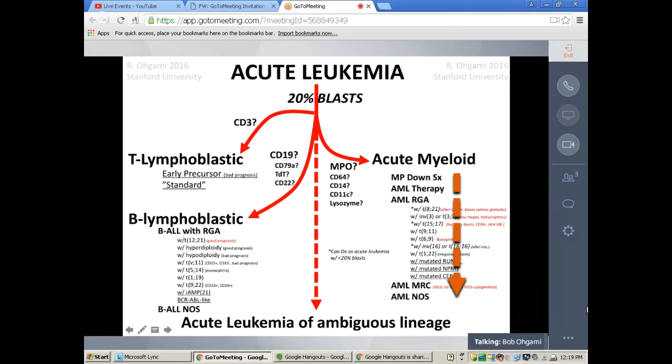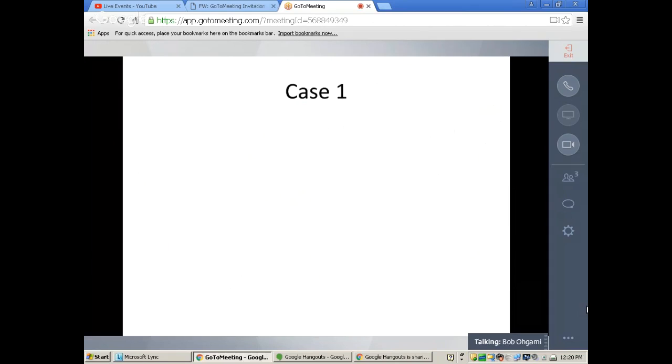If you're not there, then you end up in the NOS category, or not otherwise specified, acute myeloid leukemia, which I like to refer to as kind of garbage acute myeloid leukemia because we don't have more genetic information or understanding. So again, this is a practical approach, and we're going to gain our understanding of these entities and also become experts in acute leukemia by going through these cases.